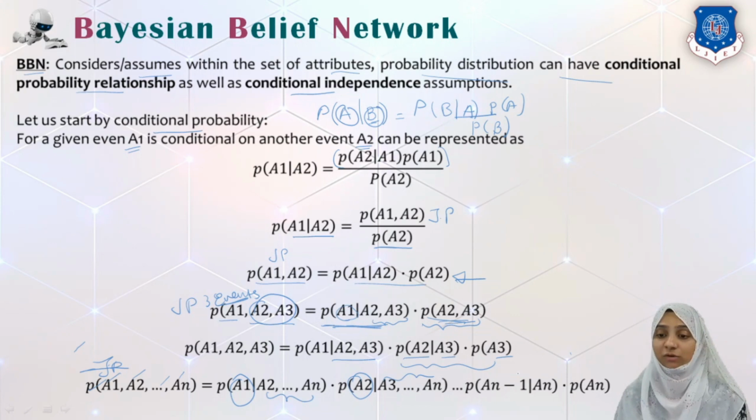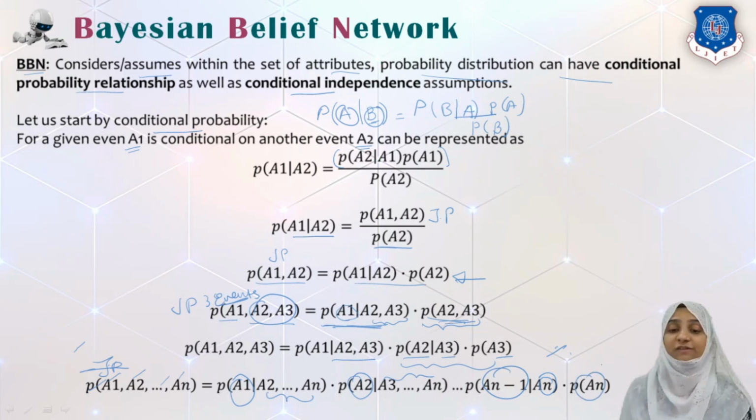Likewise, the probability of event n minus 1 given that event An happens, into the probability of event n. This is something called the chain rule.